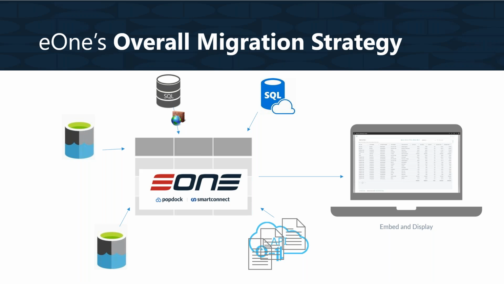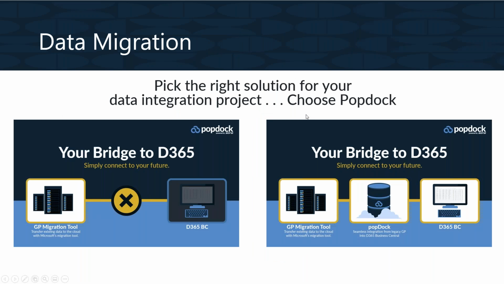Microsoft may have some tools, or maybe some of the other solutions will have some tools to bring in a lot of your master records, right? Maybe your customers and vendors and inventory items, and maybe even some beginning balances. But a lot of them skip over the historical transactions, and that's really what we're focused on today.